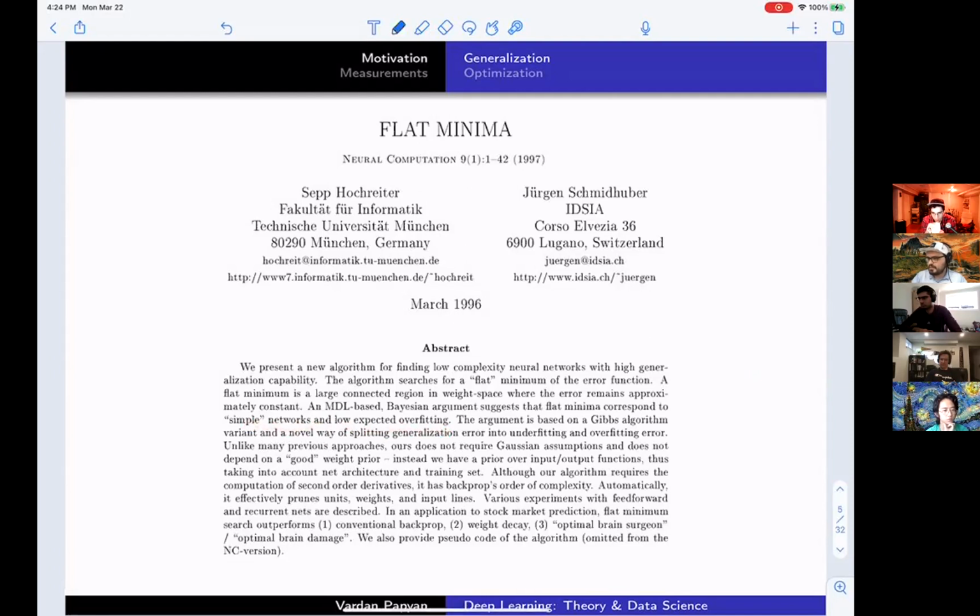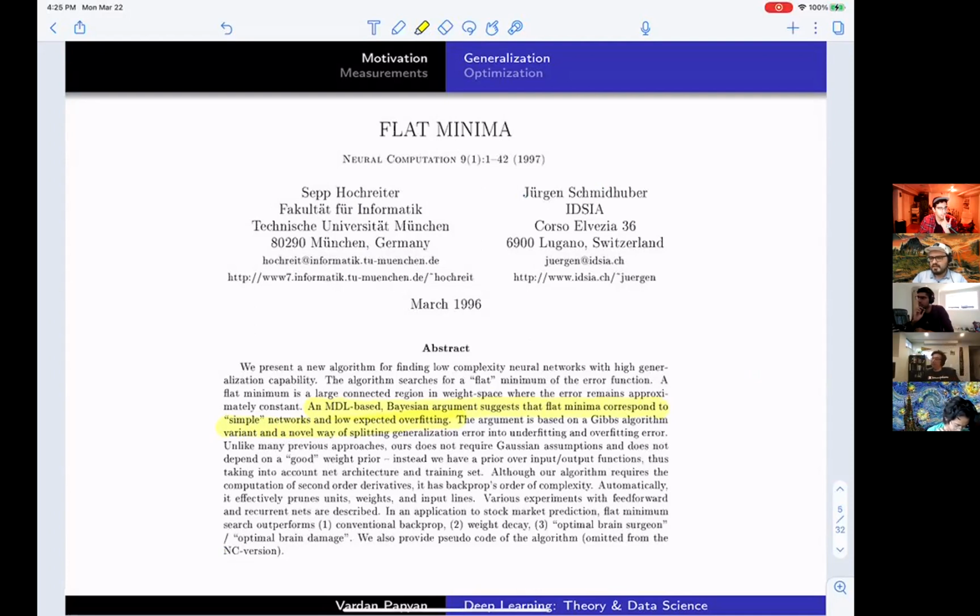So this sentence is dedicated to Justin. Flat minimum, MDL, this sentence, right? Because MDL means minimum description length, if I remember correctly.